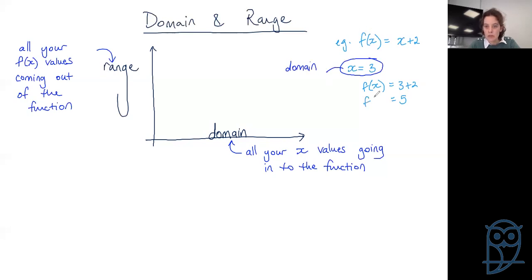Let us be good students. f(x) equals 5. This one here, he's a value of f(x). It's a number that came out of the function. So this here is out of our range. So the domain is values that go in, and the range are values that come out. What is really cool is that our range depends on our domain.